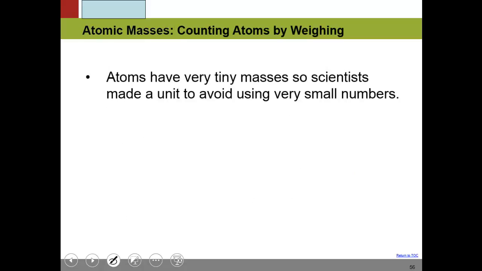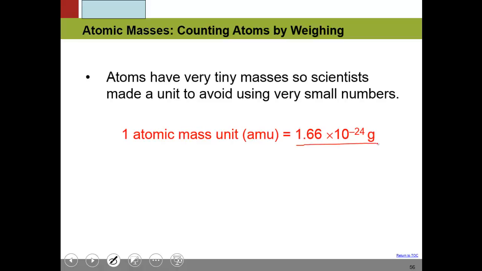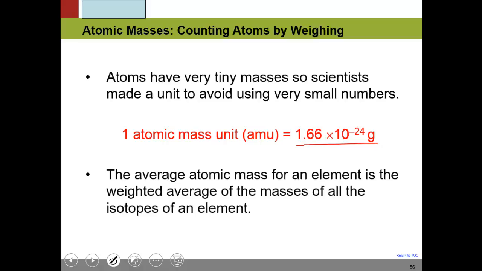Now, because atoms have such small masses and we don't want to take into account those isotopes, we tend to look at the atomic mass unit, and by definition, it's 1.66 times 10 to the minus 24 grams. This is on your conversion sheet, so don't memorize that. But we'll take that into account, and you normally look at the average atomic mass for any element, taking into account all the isotopes that are present in nature.